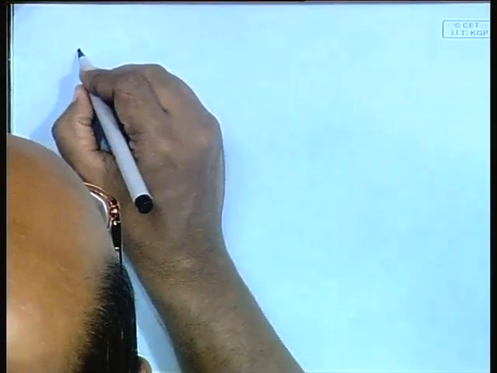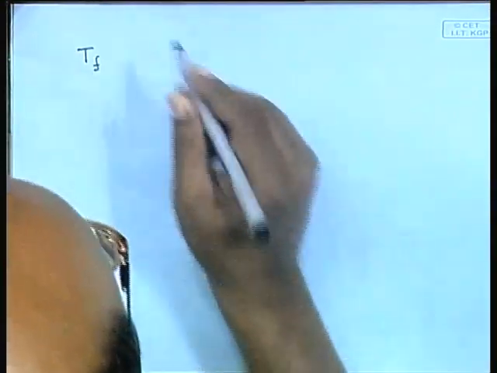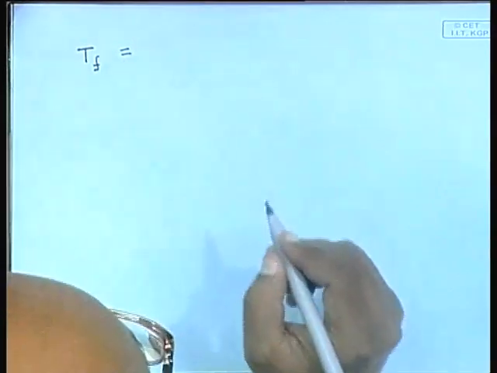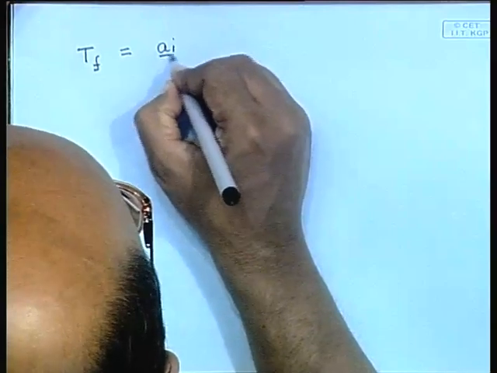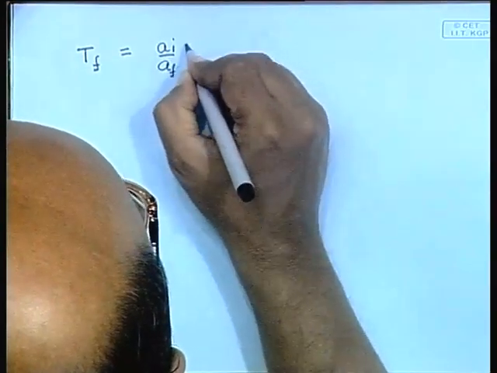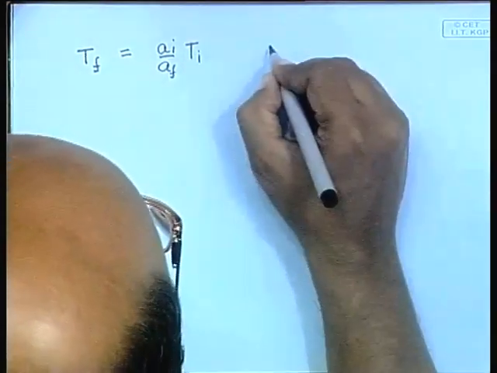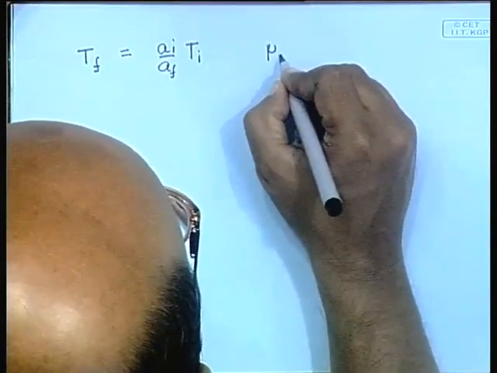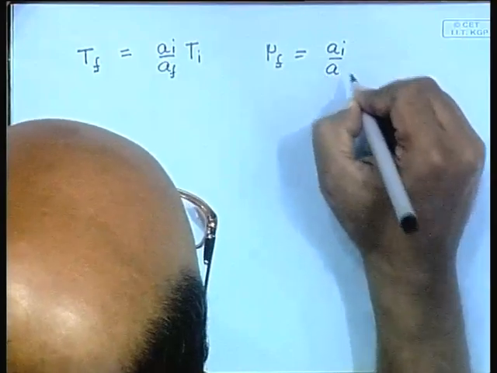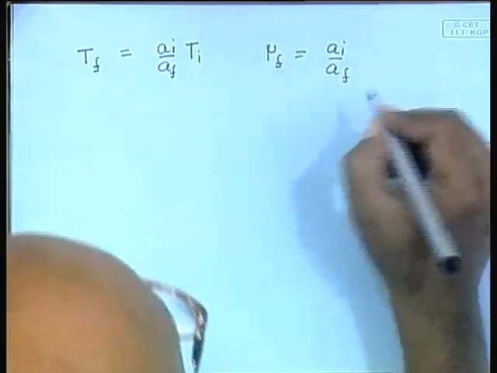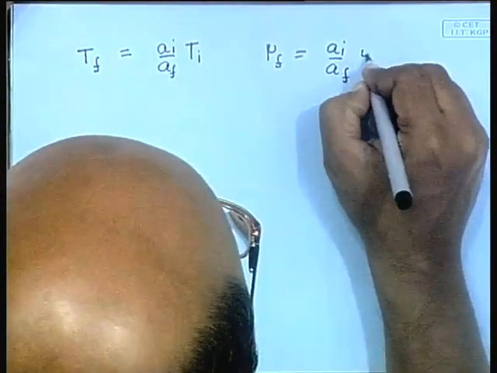So, what we can say is that the final temperature is scaled, and the final chemical potential again is the ratio of the scale factors, the inverse of what the momentum change is like.